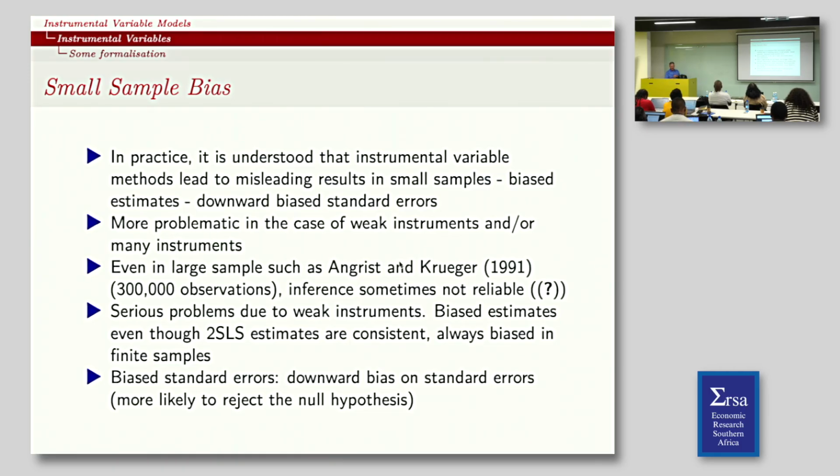Certainly if you have weak instruments, the small sample bias gets worse. You've got bad estimates, you've got bad standard errors. It's like garbage 1 plus garbage 2 equals lots of garbage. So you've got to be really, really careful with instruments. We tout it as the solution.